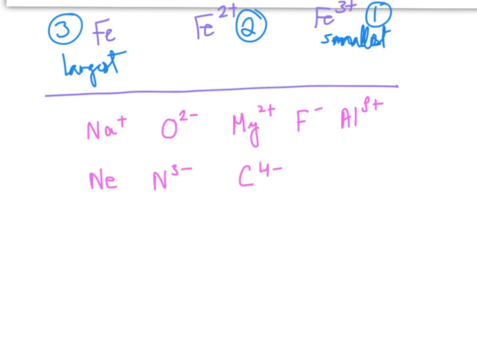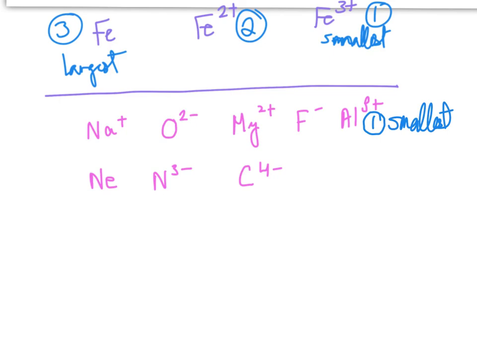And so the smallest out of all of these would be aluminum. That one would be the smallest because it has the most protons in the nucleus to pull those electrons towards it.